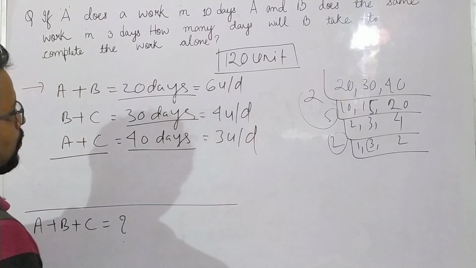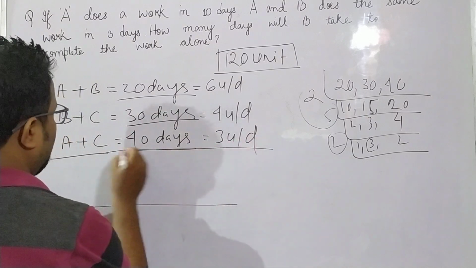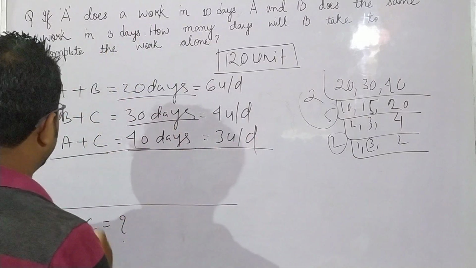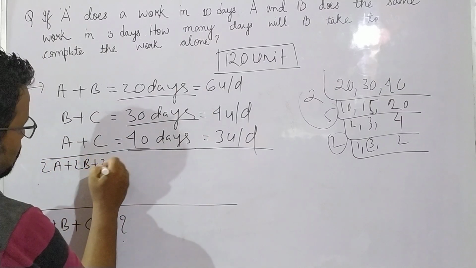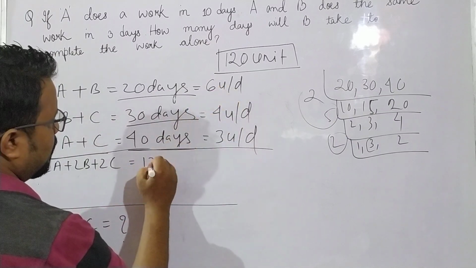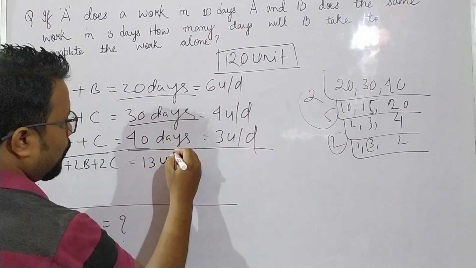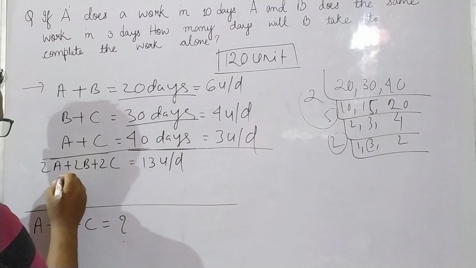Okay, so now if I add these, what will I get? 2A plus 2B plus 2C, and here 13 unit per day.